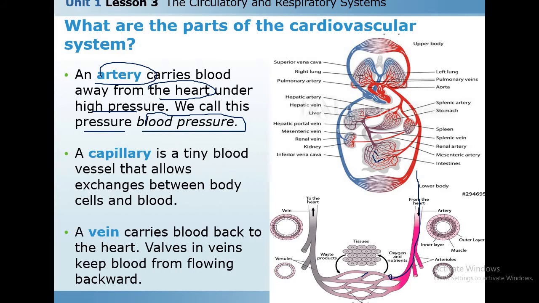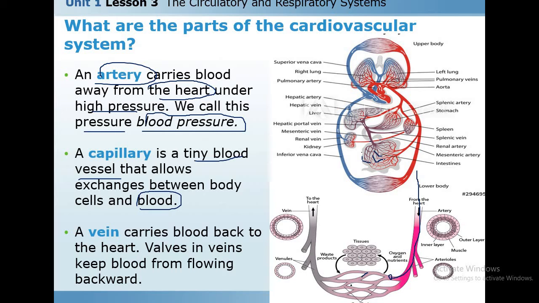This is called a capillary. It allows exchange between the body cells and fluid. There is an exchange between the tissues to get rid of waste, and the function of the capillary is to reabsorb this waste.